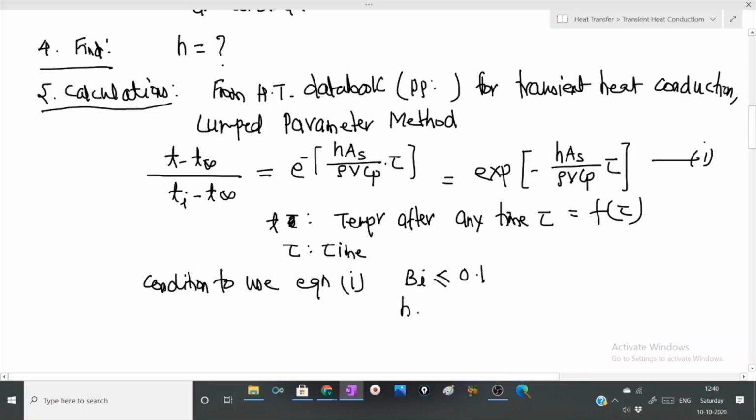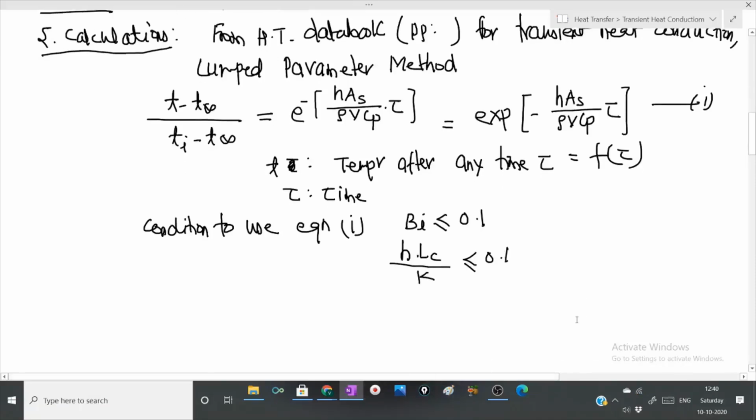And what is the Biot number? H Lc over K is less than or equal to 0.1. So before using this equation, I must check whether this Biot number value is less than 0.1 or not. If it is more than 0.1, I cannot use this lumped parameter method. If this criterion is satisfied, the error will be less than 5%, which is well accepted.